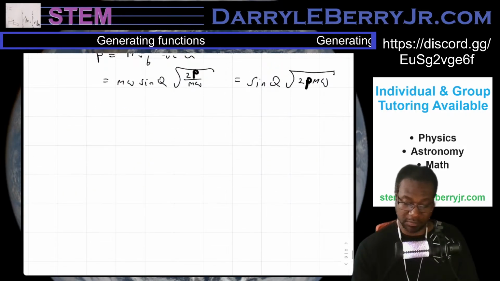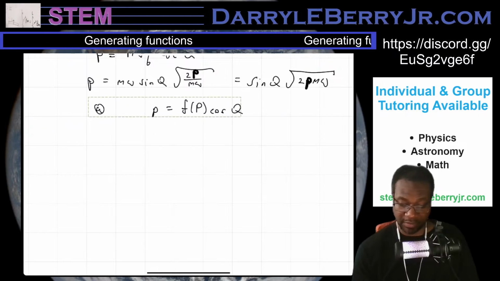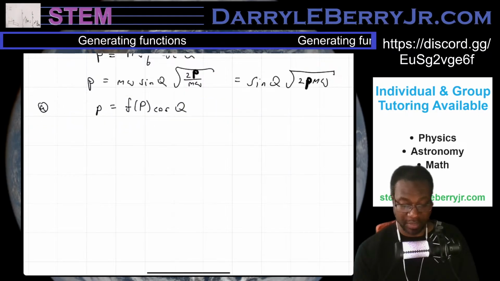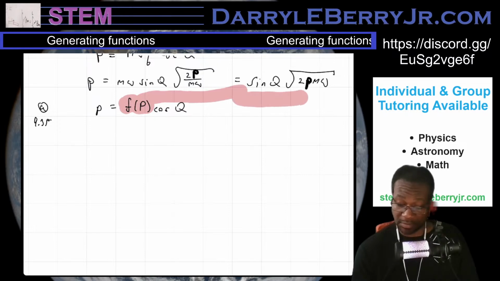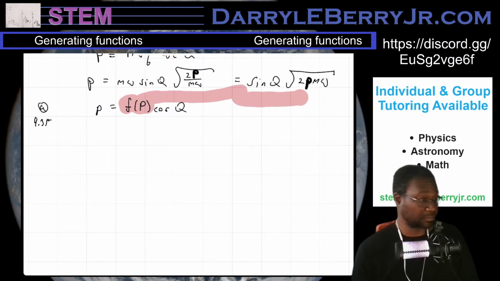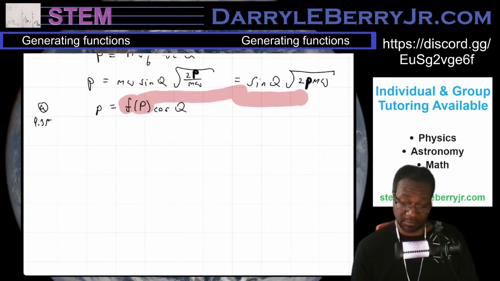With that is this, and we also have this from 9.35. That's how we get that. Hold up, sine.